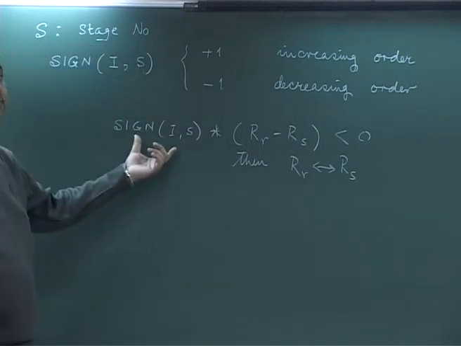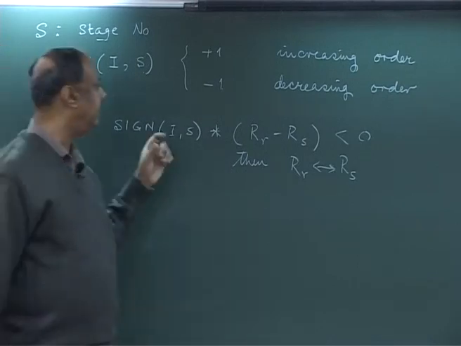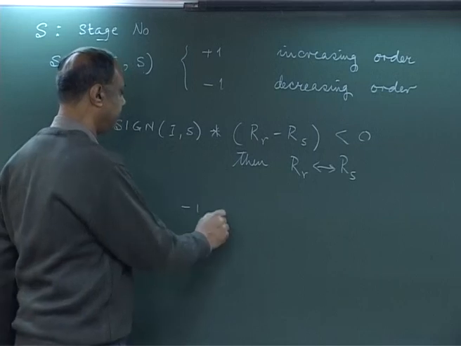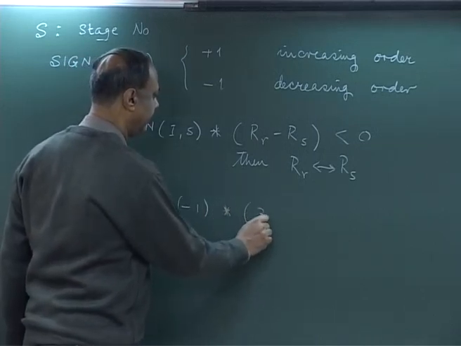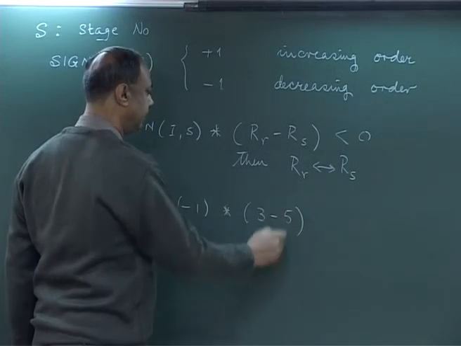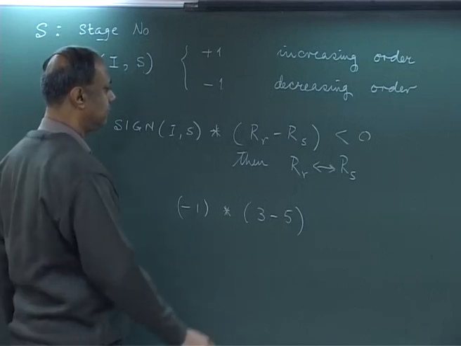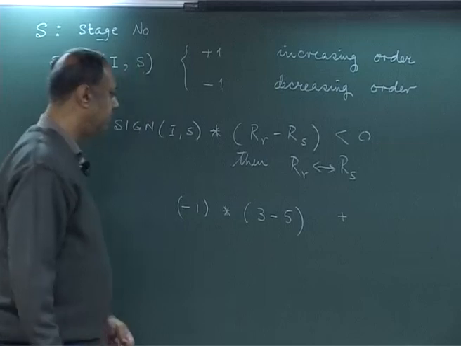Suppose the sign is minus 1, that means it should be arranged in decreasing order. Suppose RR is 3 and RS is 5, so 3 minus 5 times minus 1 gives a positive value.